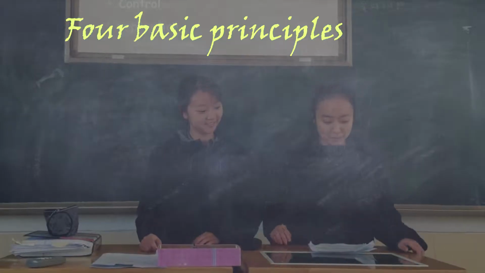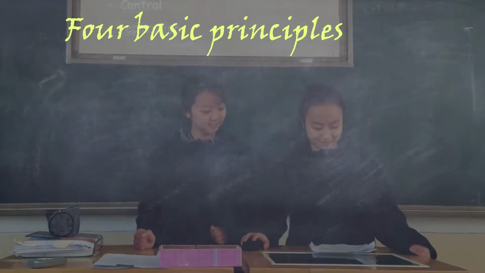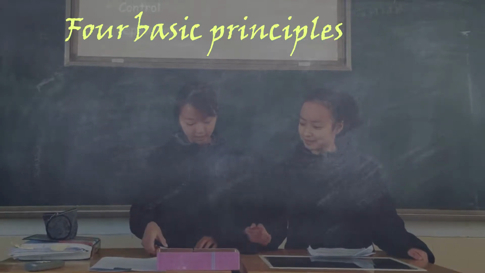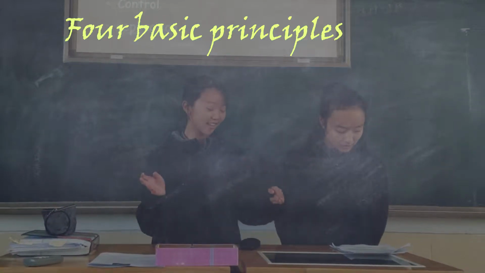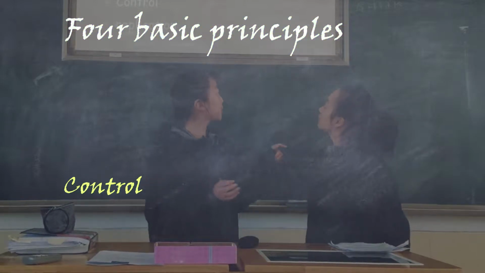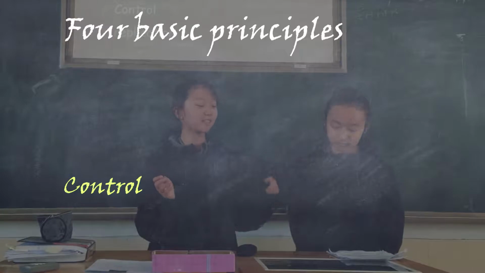We used 4 basic principles of experiment to design this experiment. First, the preparation indicates that we control all the variables to be the same, and we can reduce the confounding.